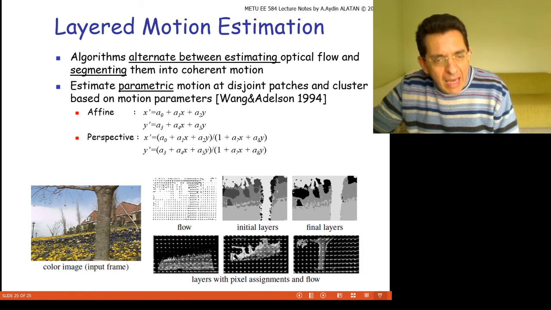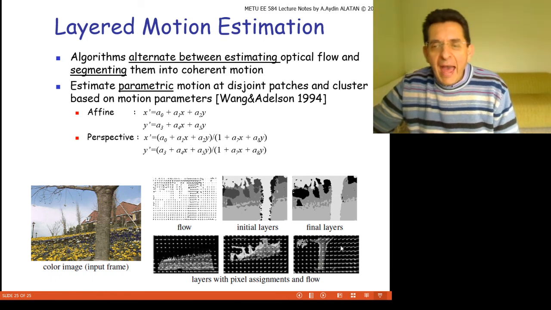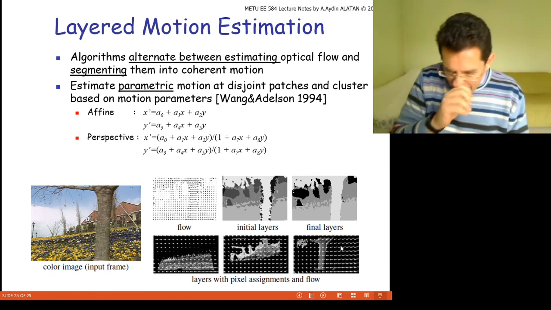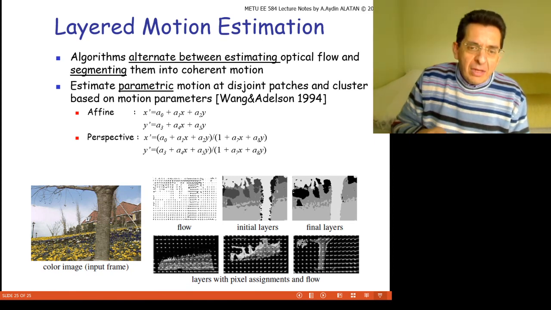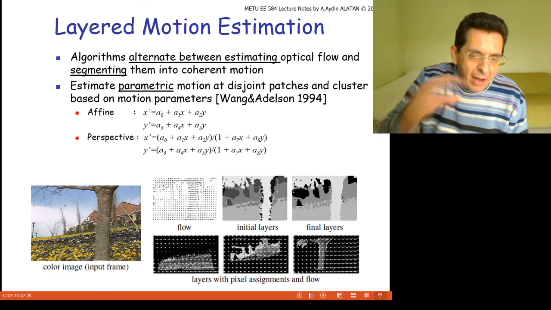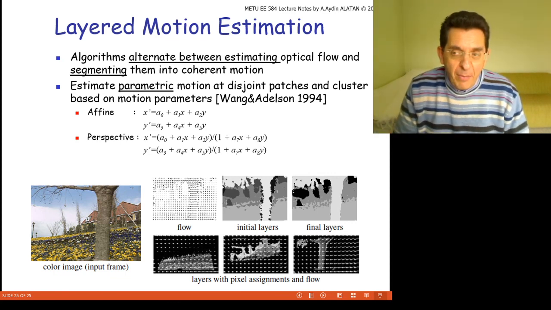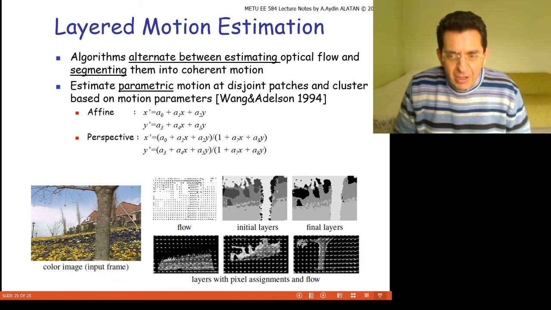Then we do the same thing, we obtain the result for the houses. Then we will do the same thing, obtain the result for the tree, and we will obtain parametric form not only for the layers and obtain the boundaries of the layers, but also the parametric equations for every boundary as well. Therefore, layered motion estimation is important.